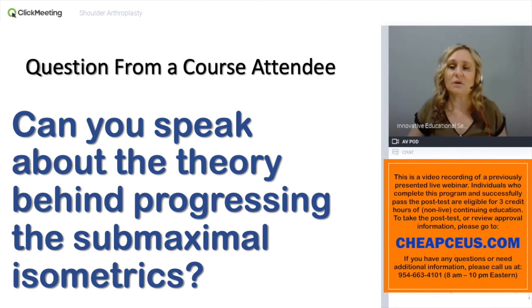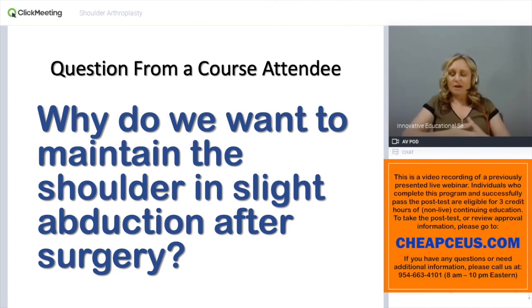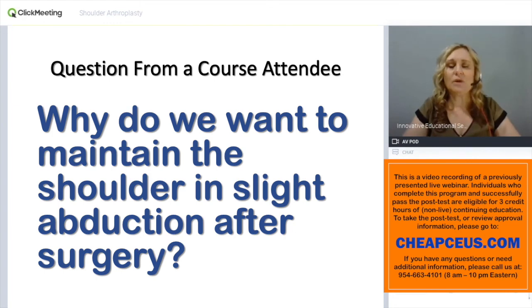that was altered. Okay, so the question is, why do we want to maintain the shoulder in slight abduction after surgery? The abduction positioning they might actually have in their sling, that little wedge, tends to be more with the reverse shoulder arthroplasty, and that's because they're trying to maintain appropriate alignment of that glenohumeral joint that has been reversed and just give a more appropriately aligned length-tension relationship for that biceps.